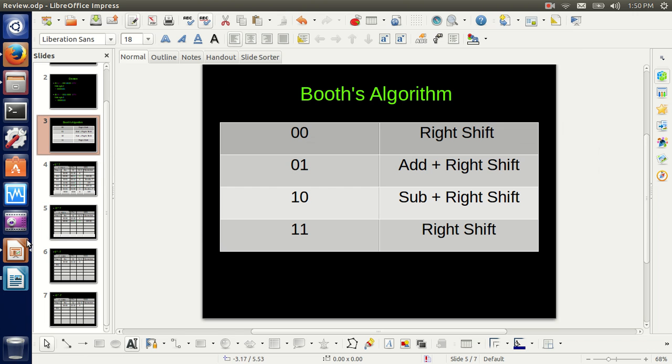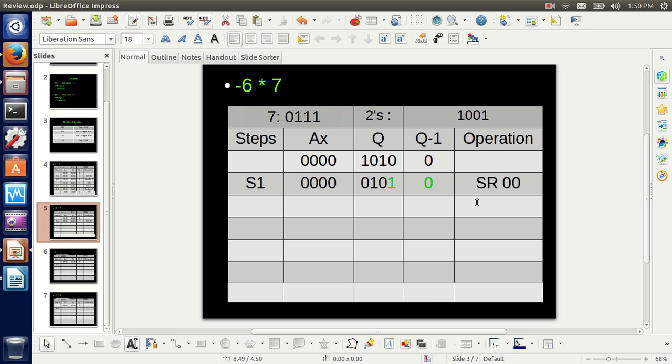Think of it as negative. I do subtraction. So here I'm gonna say AX equals AX minus, or minus 7. Sorry. So we'll add the 2's complement of -7 plus this works.